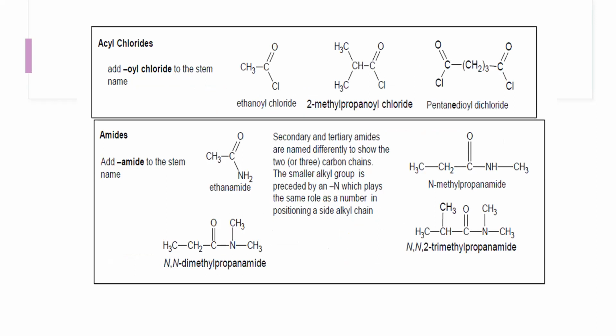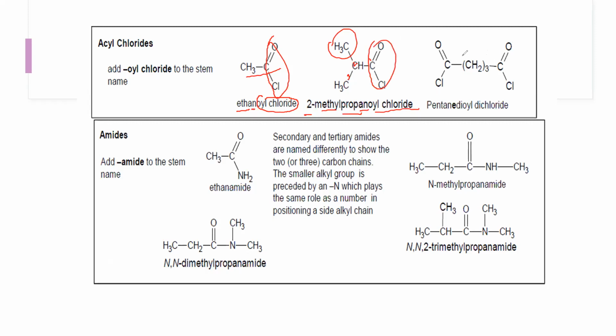Then acyl chlorides, as you can see, if C double bonded with O and Cl, it's called acyl chloride. So 2 carbon atoms are there with a single bond between the carbon atoms, and oyl chloride is used for this whole functional group. Here when we count 1, 2 and 3, we have a branch, so 2-methyl, 3 carbons prop, single bond an, and oyl chloride is due to this functional group.